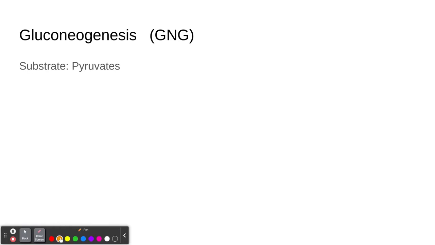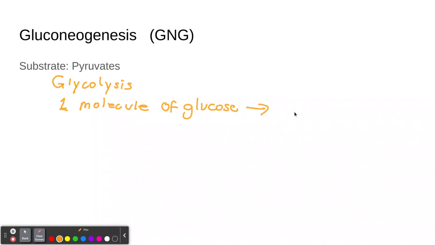So in glycolysis, you have one molecule of glucose, and it's going to yield eventually in this whole process 2 molecules of pyruvate.